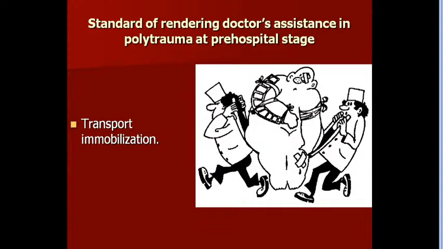And the last anti-shock measure, number 4, is transport immobilization. What are the indications for transport immobilization? There are 4 indications. First, fracture. If you determine fracture symptoms, you must apply transport immobilization.